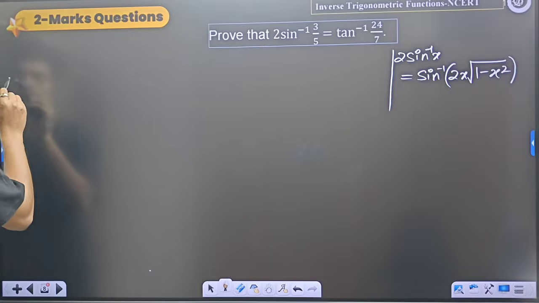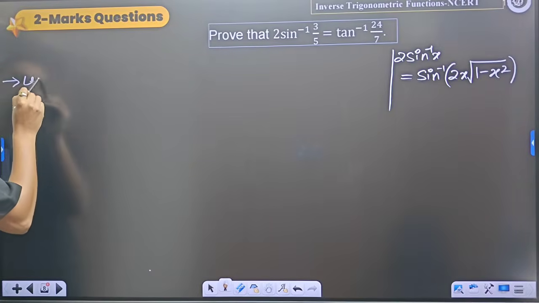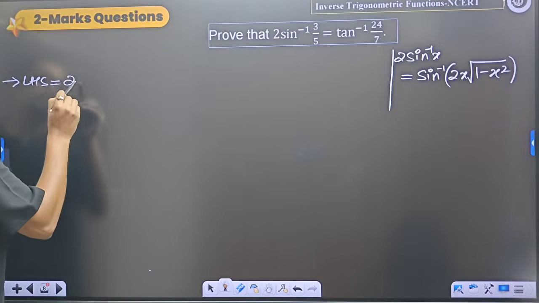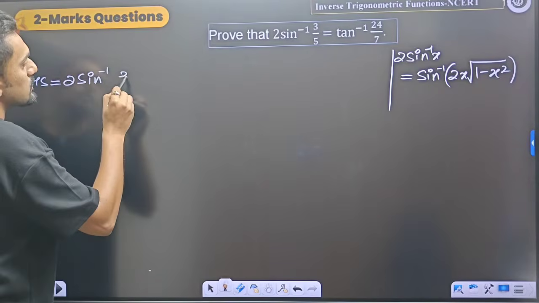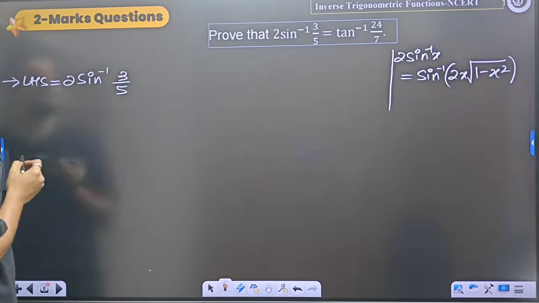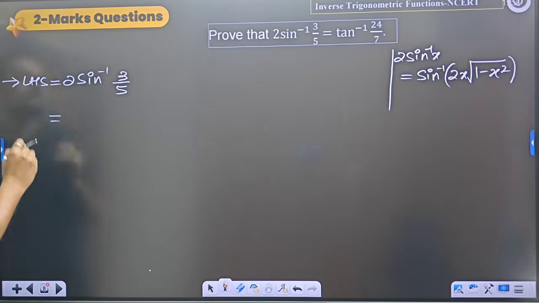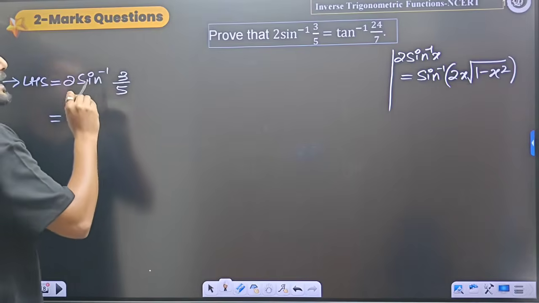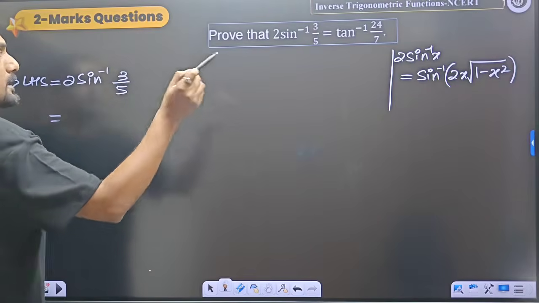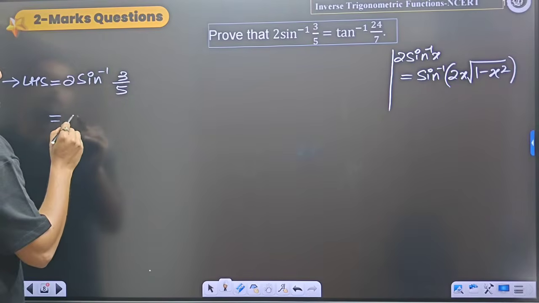So what is my LHS? LHS equals to 2 sine inverse of 3 by 5. Right. So in place of 3 by 5, if you take it as x, then if you apply that result, then it becomes what?